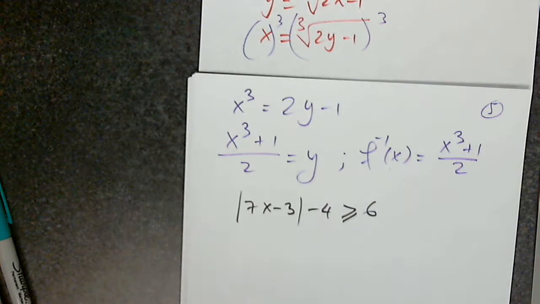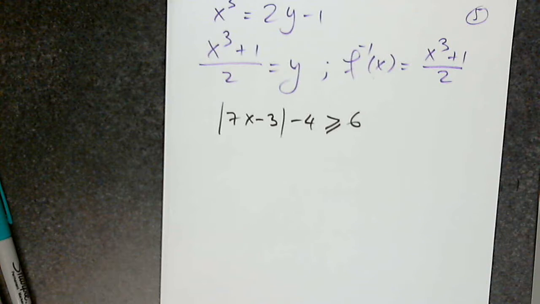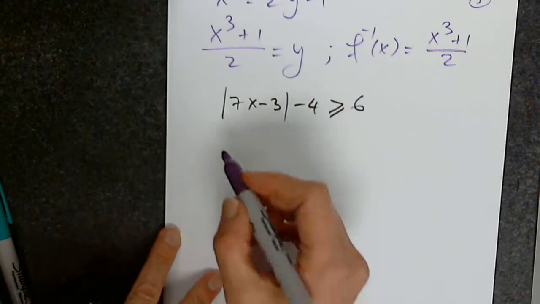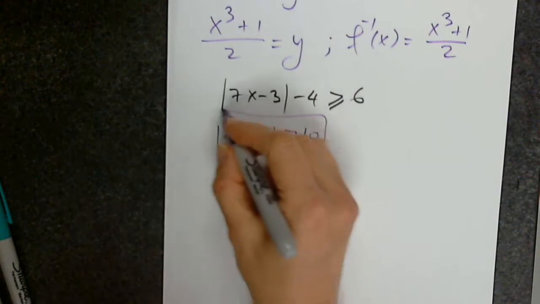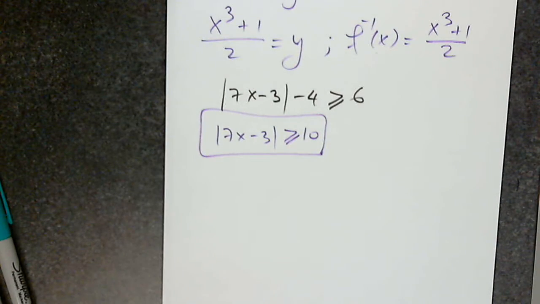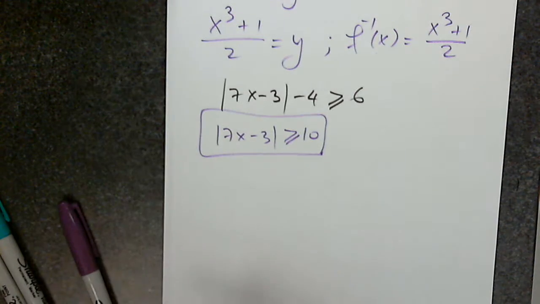Remember, absolute value inequalities have only two categories. They're only divided up in two categories. This one is one, and this is the other. You have to add 4 to both sides. Absolutely, I have to do that because it's part of the cleaning up process. Good. So I have the absolute value of 7x minus 3 greater or equal to 10. Now, remember, you cannot touch this. Untouchable. You can convert it in order to solve it. What do I convert this into?